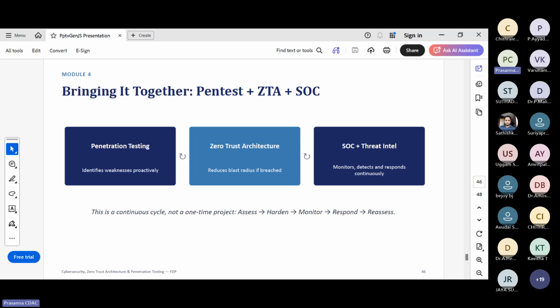One silly mistake led to 2.2 crore getting transferred. In one case, there was a 1,000 crore loss. We will come across maybe 4 to 5 real-time incidents, and we will talk about other case studies also.